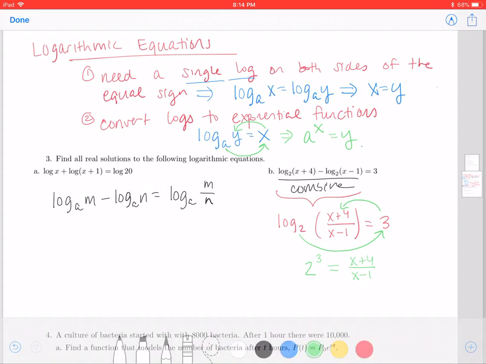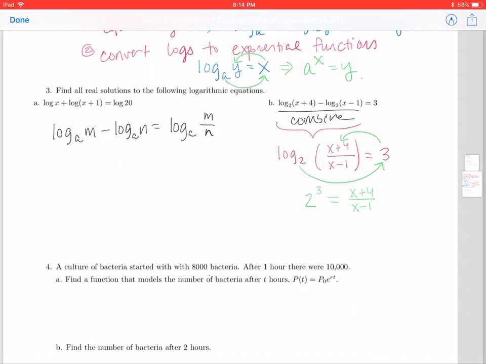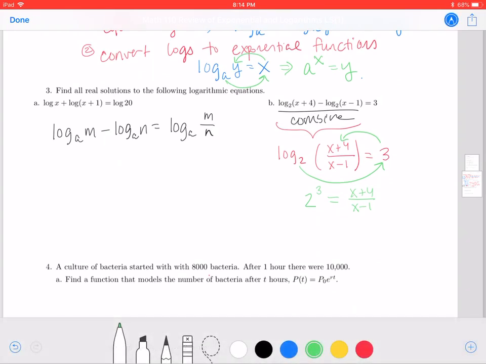Okay, now comes the hard part, solving it. All right, we can do it. First thing, 2 to the power of 3, that's just 8. So let's go ahead and write that in. Okay, this is where our algebra skills are going to come into play. In order to get a single x by itself, I have to work with this fraction.